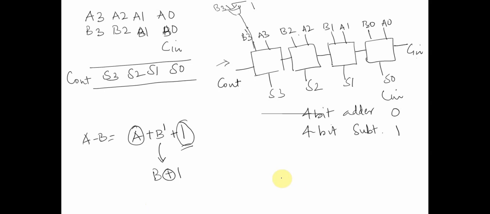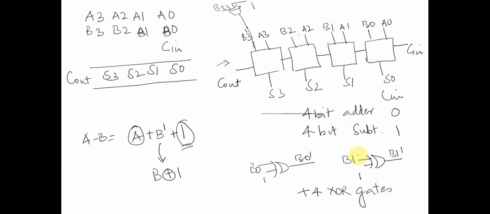Similarly, for B0, we pass B0 through an XOR gate, this will become B0 bar. Similarly B1, we pass it through an XOR gate, this will become B1 bar when we XOR it with 1. Similarly for B2, B3. So we can add 4 XOR gates.